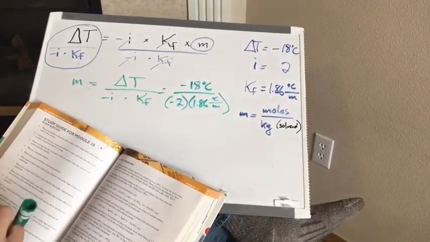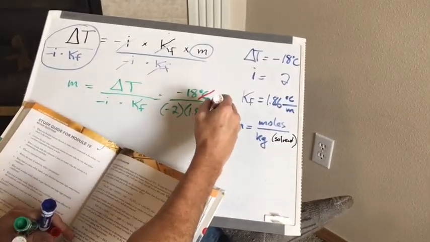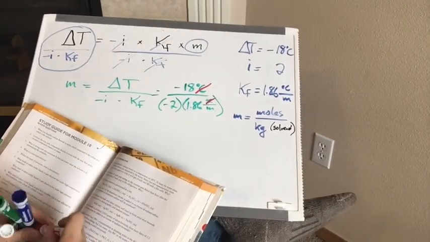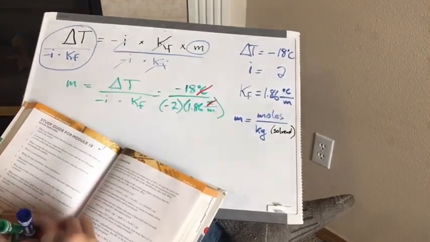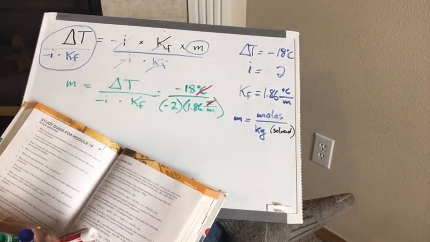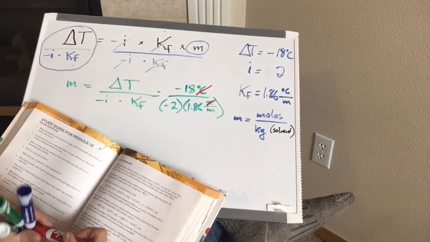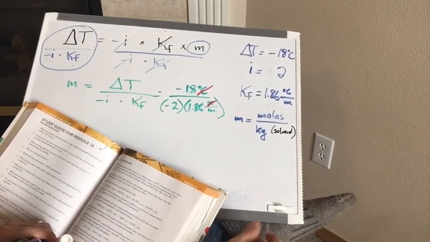You might notice that this degrees Celsius can be eliminated because there's a degree Celsius on the bottom. So we're going to be left with 1 over molality, little m, which is the same thing as saying molality. 1 over something essentially brings it back to just being itself, if that makes sense.